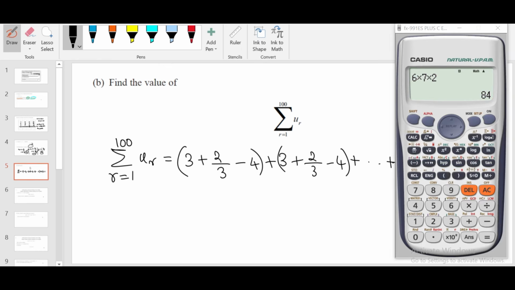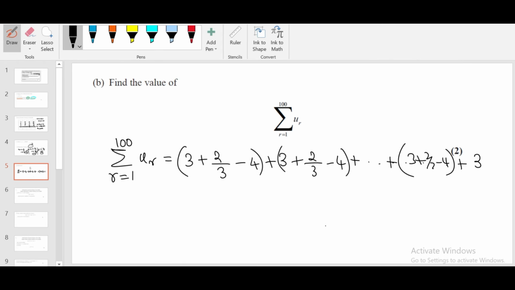So basically when you put 100 over 3, the integer part is 33. So basically there are these repeated terms, 33 groups here. So you find the sum of one group and multiply by 33.